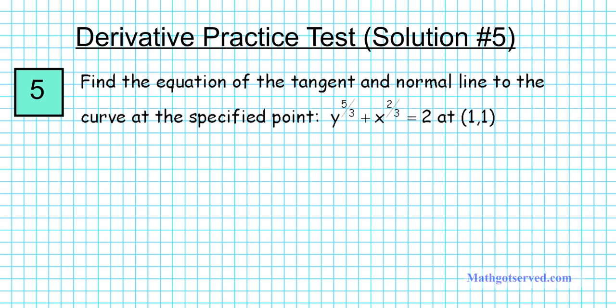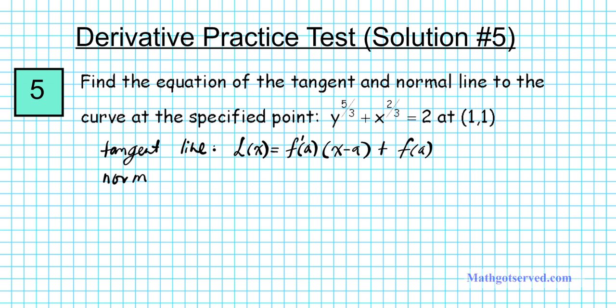I'm going to call my tangent line L of x, and that will be f prime of a times x minus a plus f of a. That will be my tangent line. And then my normal line, I'm going to call that n of x.